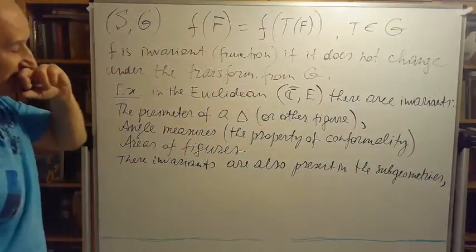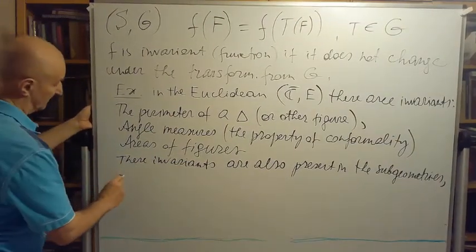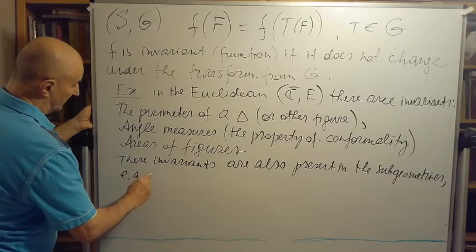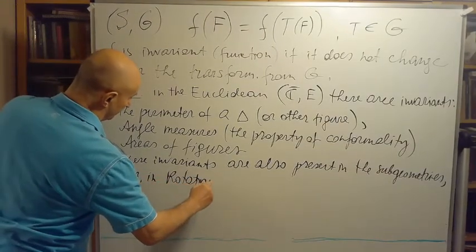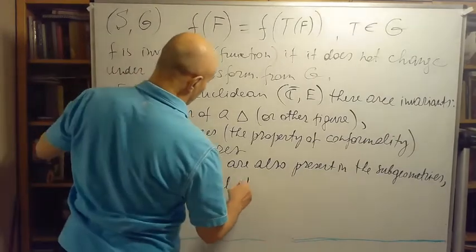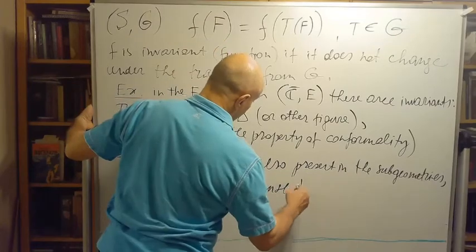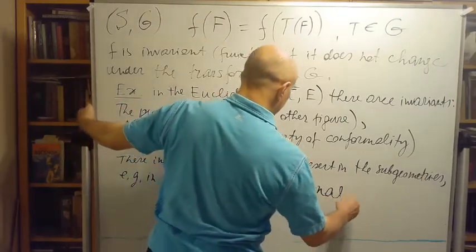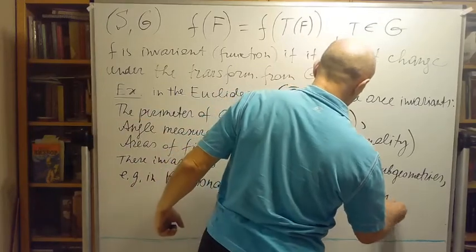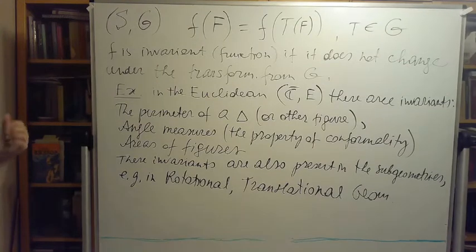If some function is an invariant in Euclidean geometry, of course it will be an invariant in subgeometries. For example, in the rotational and translational geometries, we can invent some other subgeometries. If they are subgeometries of Euclidean geometry, they will have invariants.